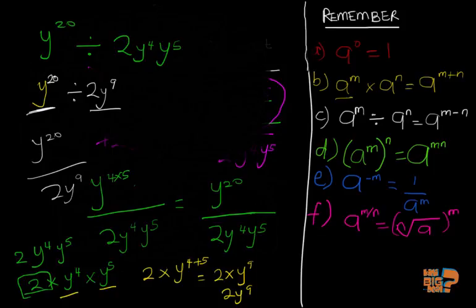But the point is, you're going to be subtracting the indices. So what you have will be y raised to power 20 minus 9, divided by 2. So your answer now becomes y raised to power 11 divided by 2, which may be better written as y raised to power 11 all over 2, and that is your answer.